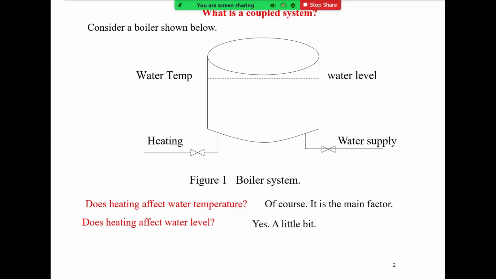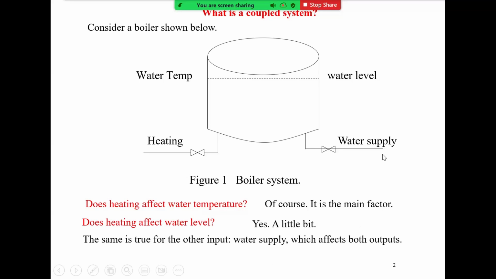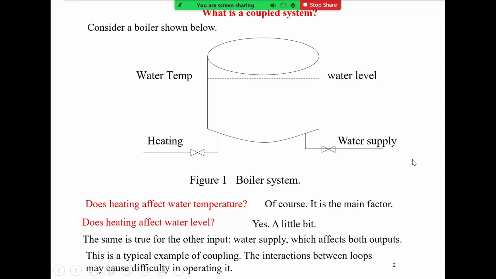And then if we look at the other input, the water supply, it is the main contributor to the water level, and it also affects the water temperature in the boiler. So that's what we call a coupled system. There are multiple inputs, and each output is affected by both inputs.